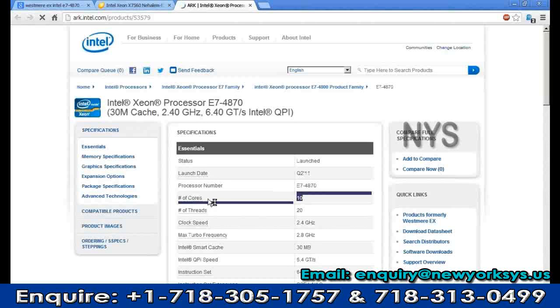So these are the two commonly used processors, Nehalem and Westmere. Both of them are Intel 4th generation processors.